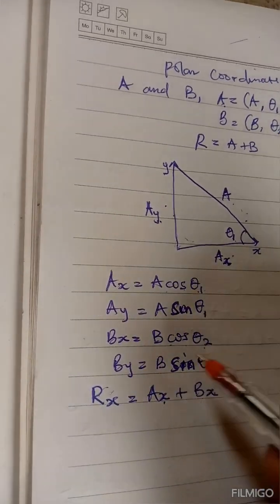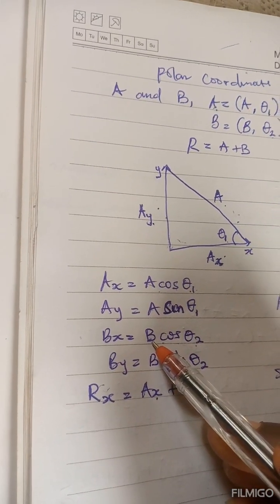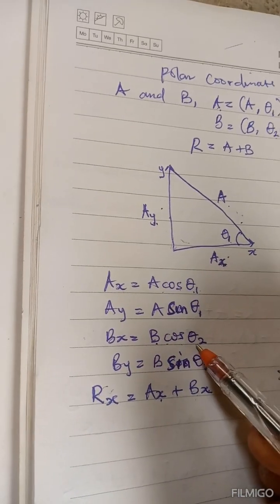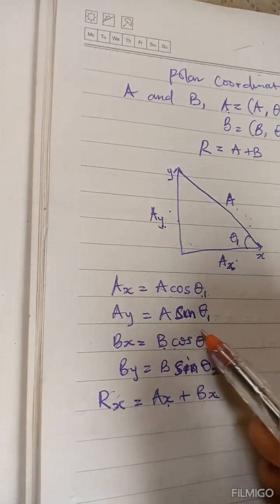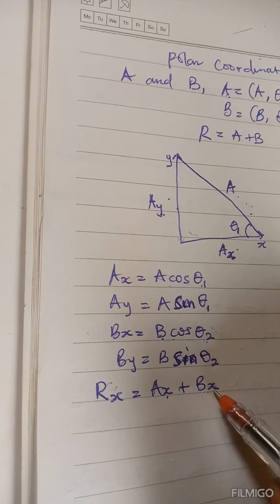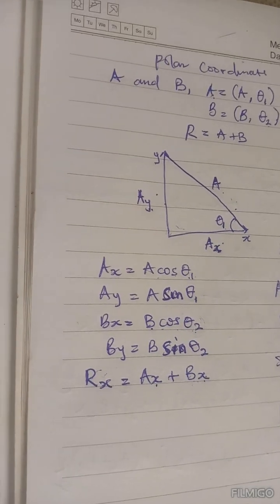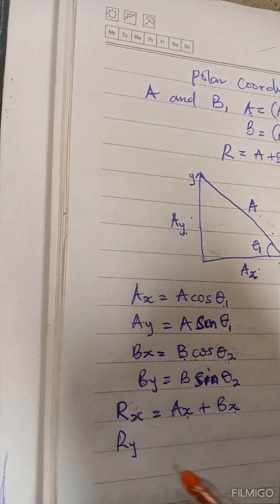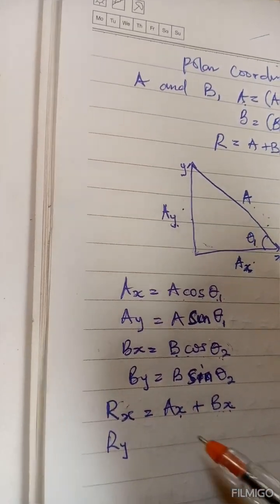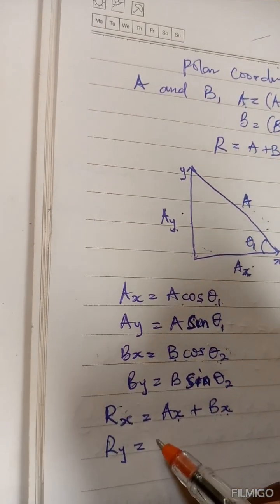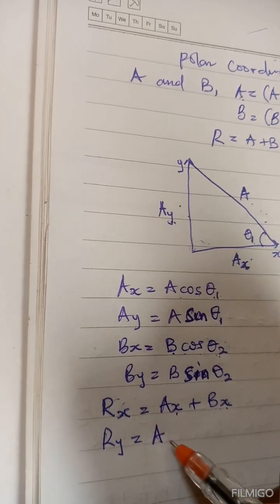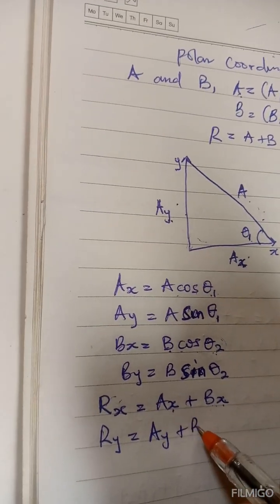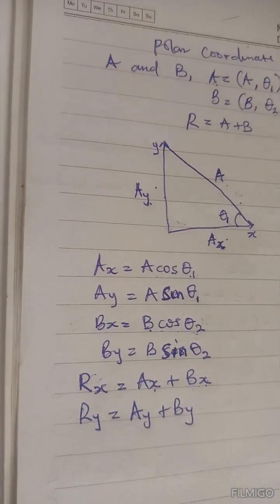In the real world, b is a number and theta is an angle, so I just calculate this to get my bx, and it gives me a value. For the resultant of the y components, I have ry equal to ay plus by. It's as simple as that.